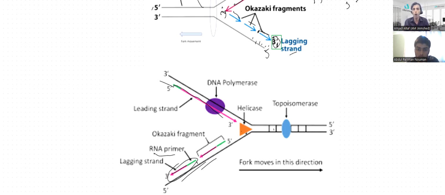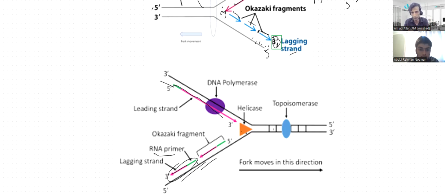So this is how there are small gaps between the fragments. And this is what we know, just after completing all of these Okazaki fragments, because Okazaki was a scientist who actually discovered all this. Then there is a ligase enzyme, which attaches these fragments together, just by removing these primers.